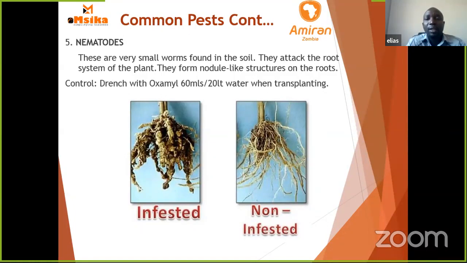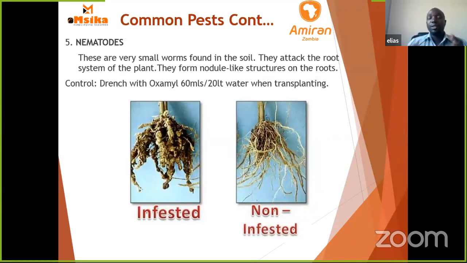And in the end, when the root is attacked, it forms some nodule-like structures within the roots. So this insect, you cannot see it, maybe unless under a microscope. But the most vivid symptom that you'll notice when the crop is under attack is the nodule-like structures that you find on the roots.